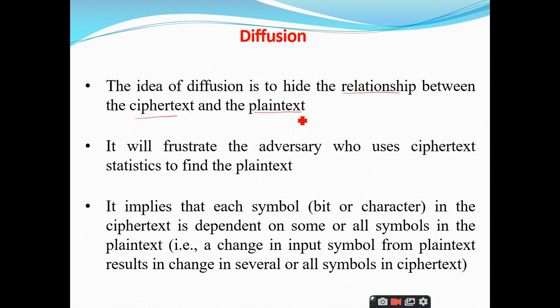The main reason we want this property in any ciphering technique is that it will frustrate the adversary, who is a third party, an unauthorized user.